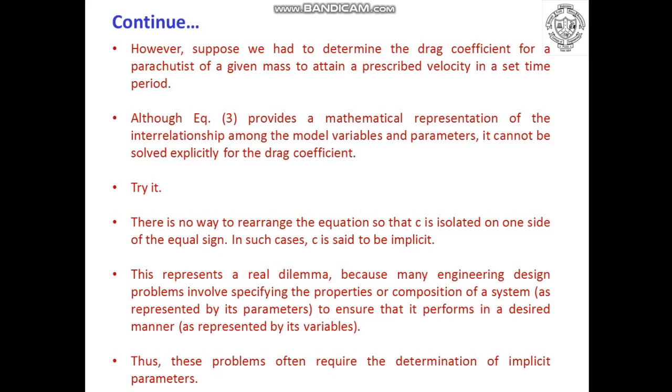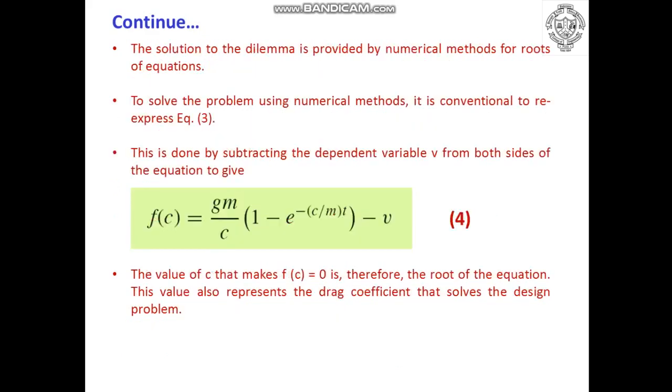That means, as it was predictable by considering the combination of response of various variables. Thus, these problems often require the determination of implicit parameters. So the solution to the dilemma is provided by numerical methods for roots of equations.